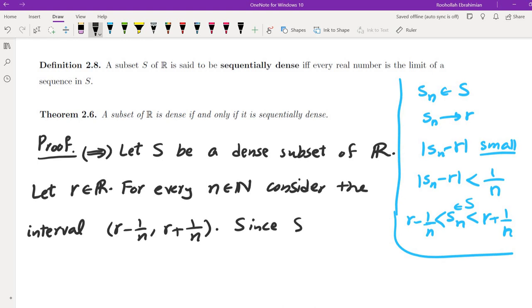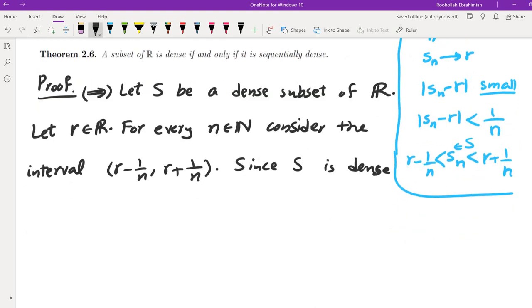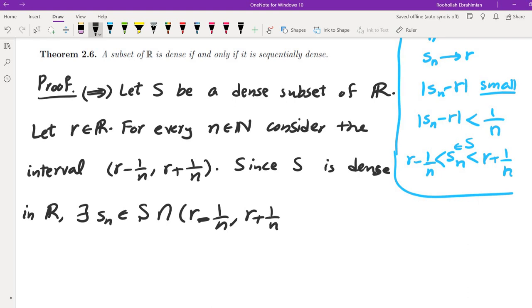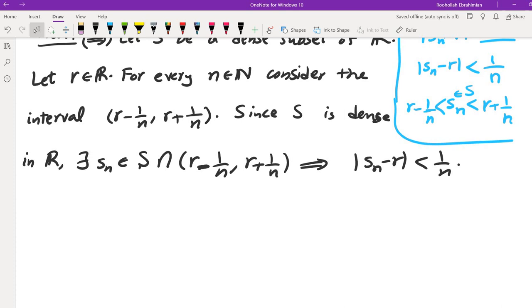Since S is dense in R, there is some s_n inside S that is also between r minus 1 over n and r plus 1 over n. So this means s_n minus r in absolute value is less than 1 over n. Now, we know 1 over n goes to 0, by an example.